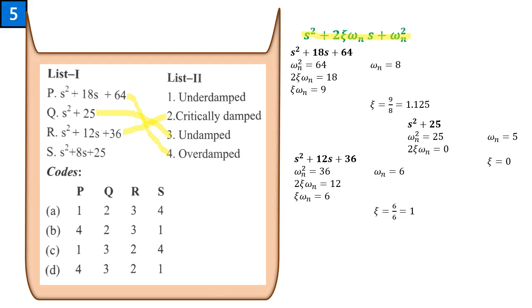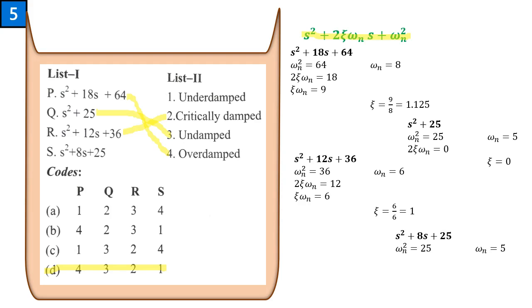Now I think the option will be clear to you, so the answer will be D. But let's solve the fourth one for practice only. Solve for this also and see whether the system is underdamped or not, meaning whether zeta is less than 1 or not. So it is S square plus 8S plus 25.